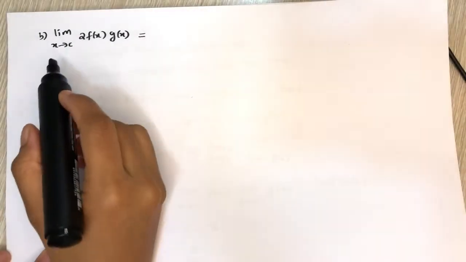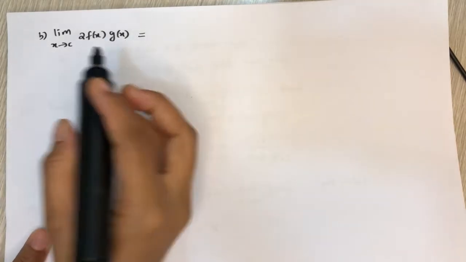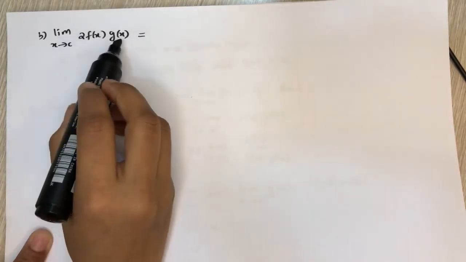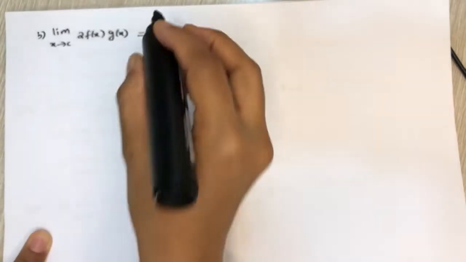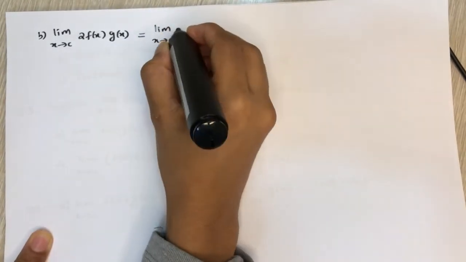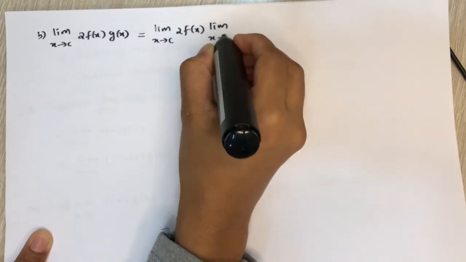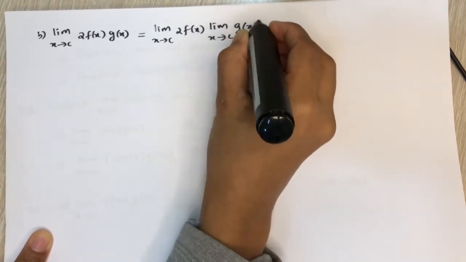B, limit x tends to c 2 into f of x into g of x. Just apply product rule and constant multiple rule. Product rule: limit x tends to c 2 into f of x into limit x tends to c g of x.